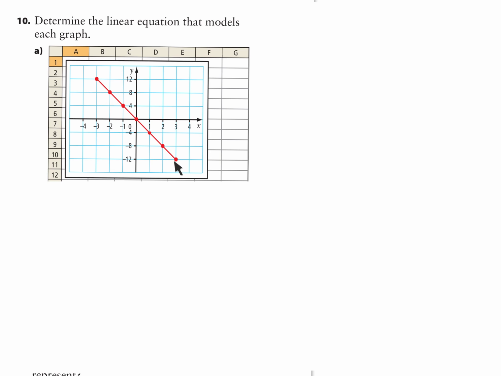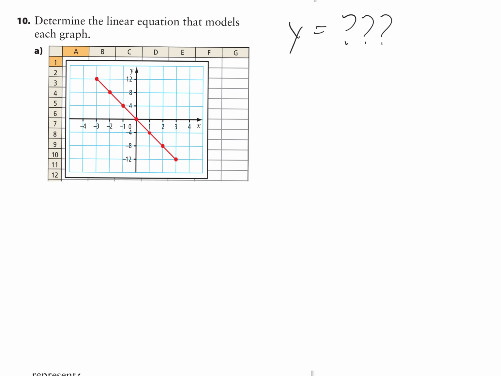Our goal is to find the y equals blah, blah, blah for this graph. This is a skill you need to know, and it's a little bit trickier than going the other way. So fasten your seatbelts because it's about to get real in here.